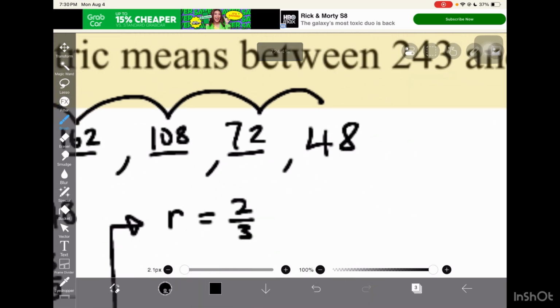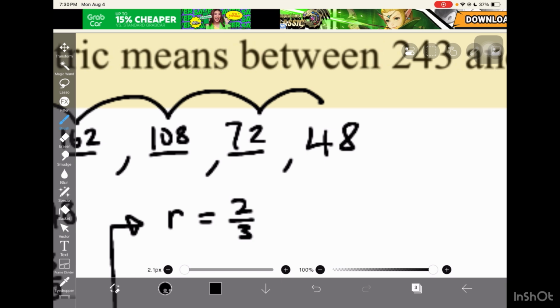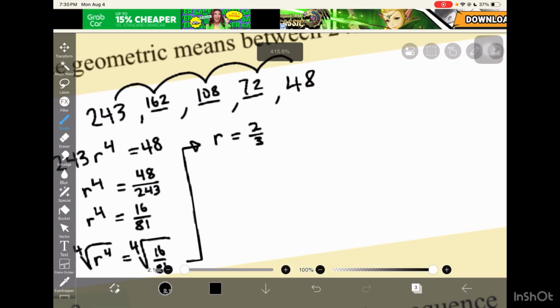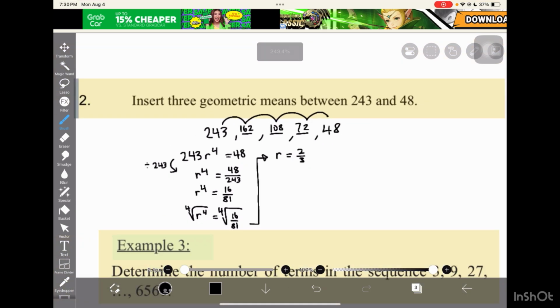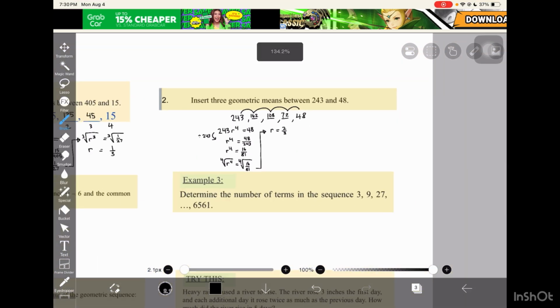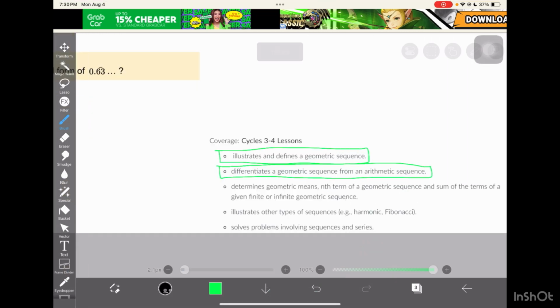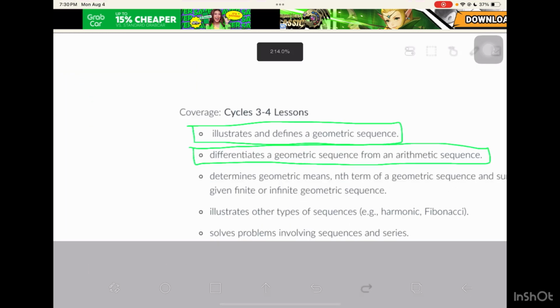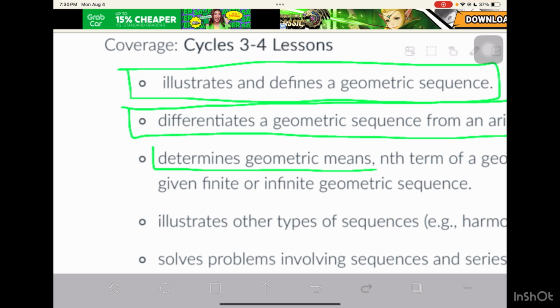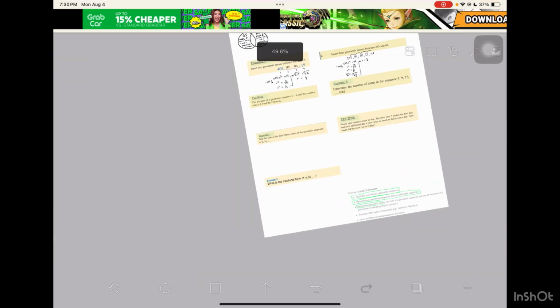And just to confirm, 72 times 2 over 3 is equal to 48. So those are 3 geometric means between 243 and 48. Alright, so we have determined the geometric means. So that is what we have so far.